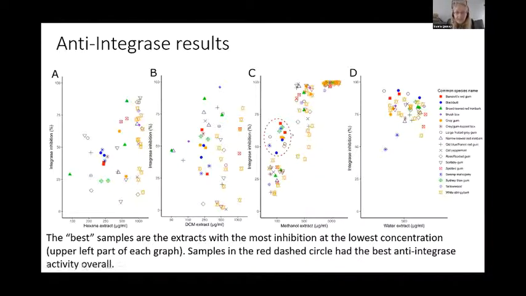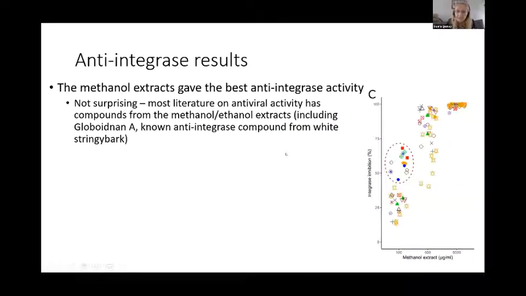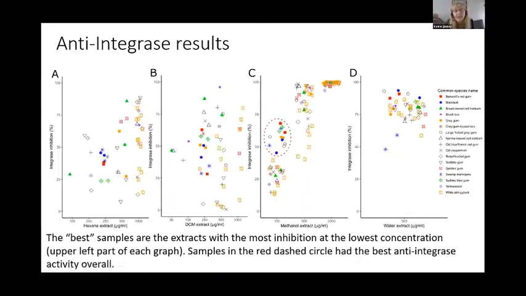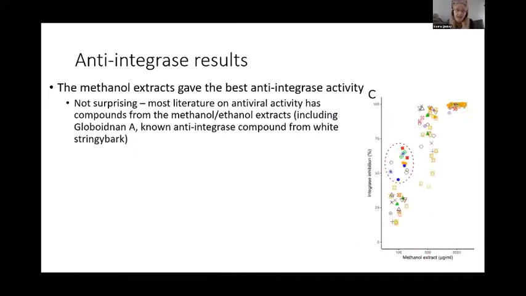You can see here that what I've circled in red are the compounds that had the most activity, the most reproducible activity at the lowest concentrations. Zooming in on that particular extract, we found that the methanol extract gave us the best anti-integrase activity.